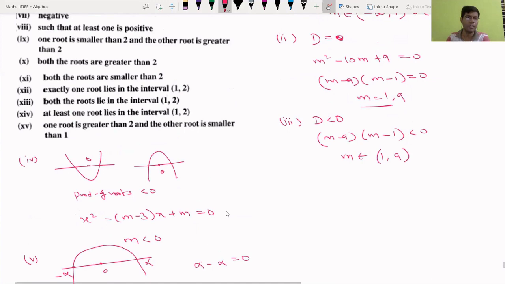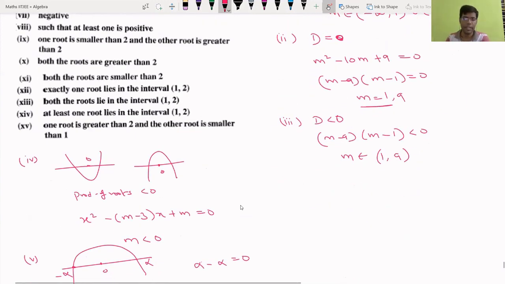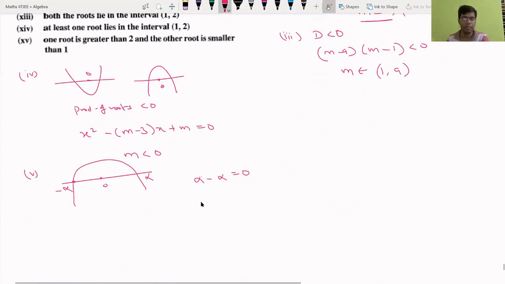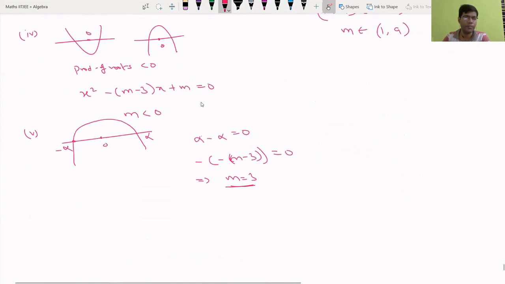So what we have to take in this case is the sum of the roots, that is minus b by a. Minus b by a will be minus of minus m minus 3, which will be equal to 0, which gives m is equal to 3. So when my m becomes equal to 3, then this will have roots equal in magnitude but opposite in sign.